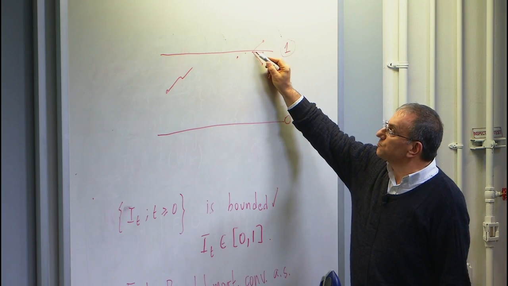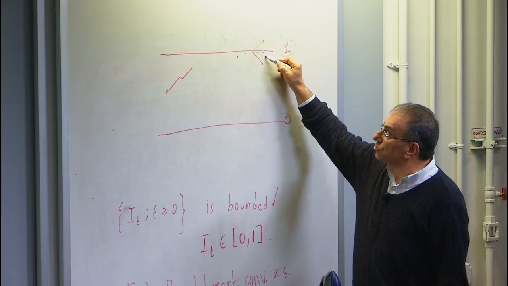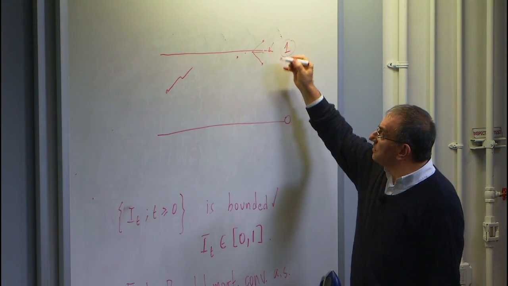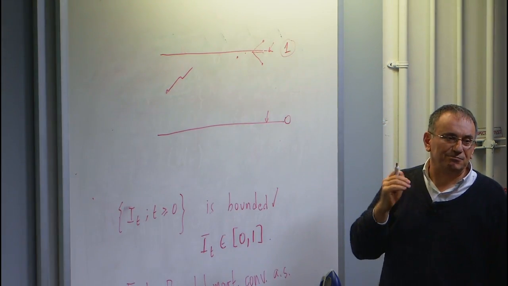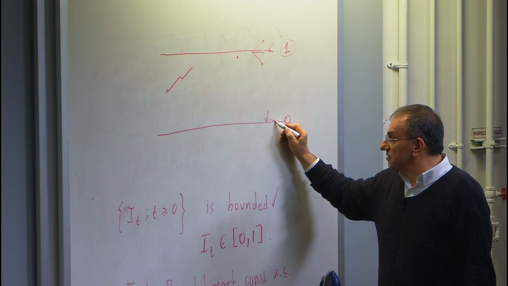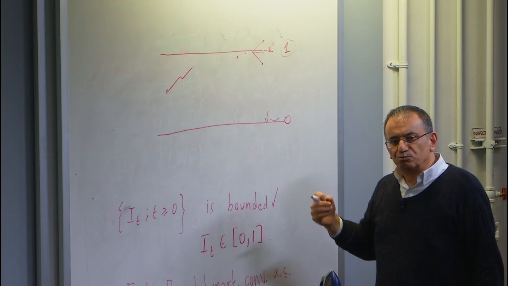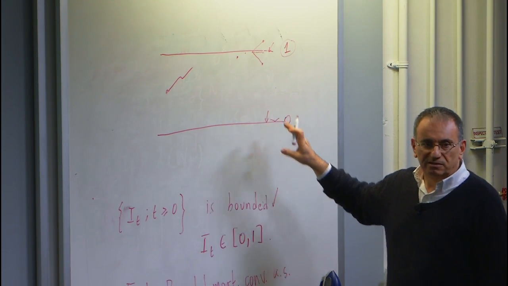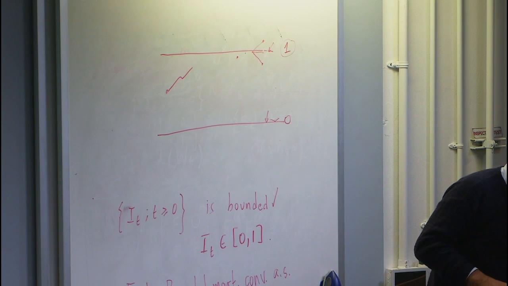You keep spending the rest of your life, most of them, near the boundary. So the boundaries are absorbing boundaries in some sense. You never hit the boundary, but once you get close to it, you cannot move out of it, like a black hole and strong gravitation.